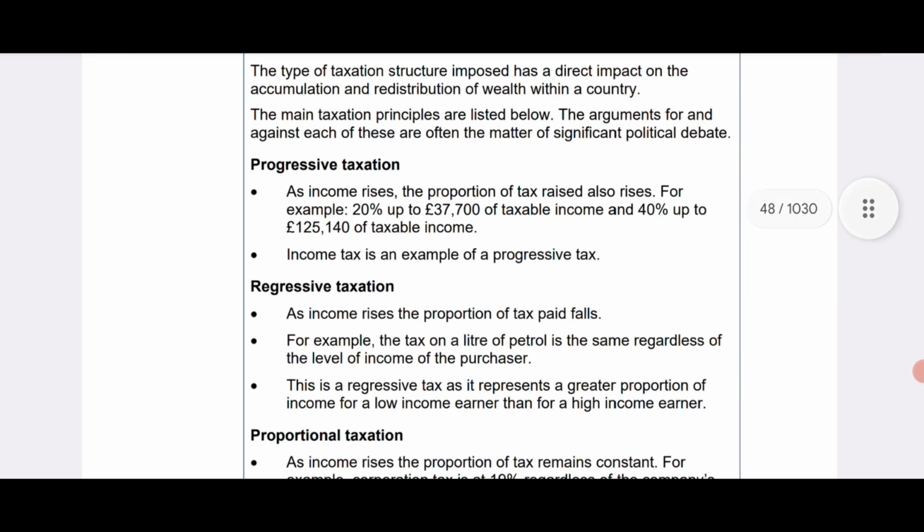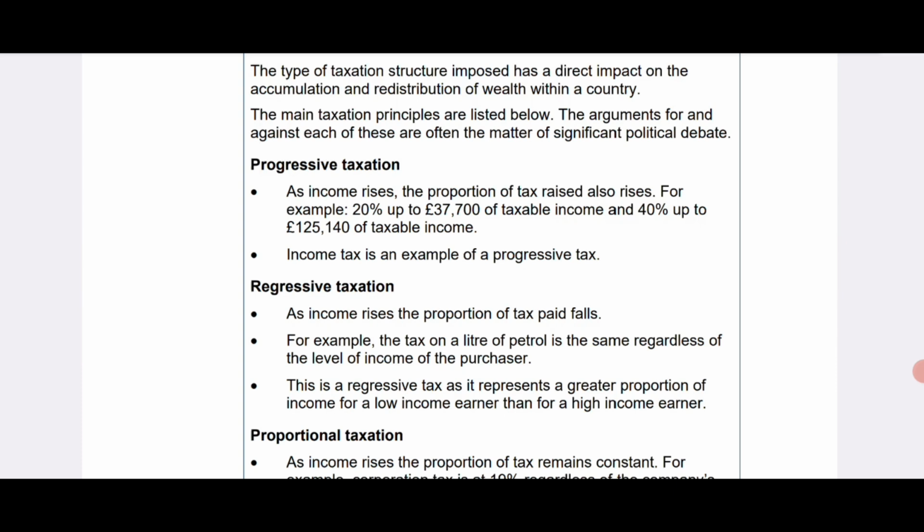The important, interesting thing is progressive taxation, regressive taxation, and proportional taxation. Progressive taxation is very easy to grasp and understand. As the income rises, the proportion of tax also rises.